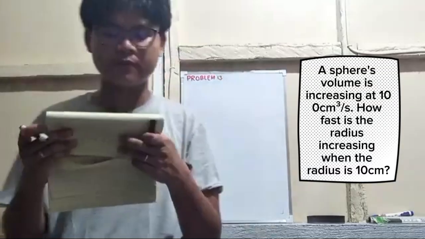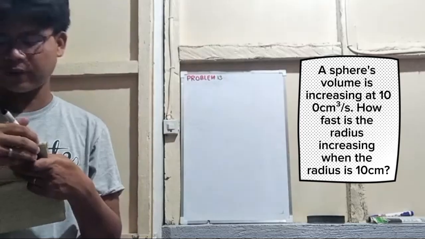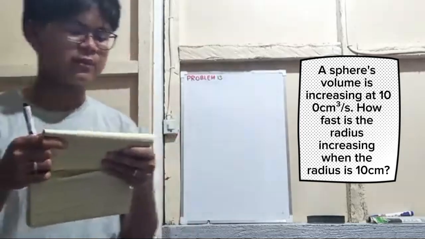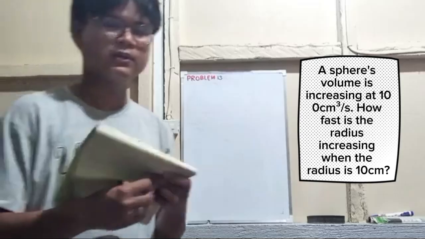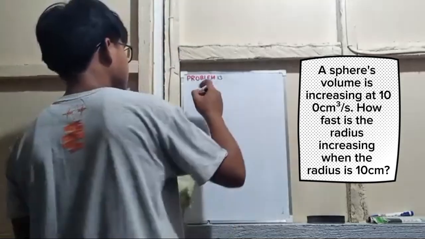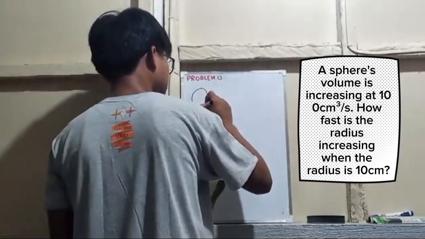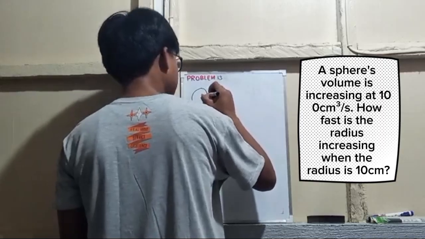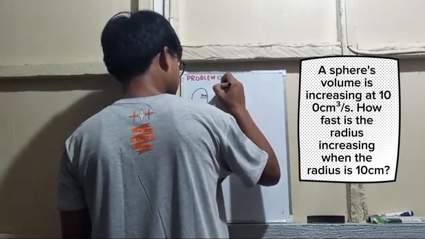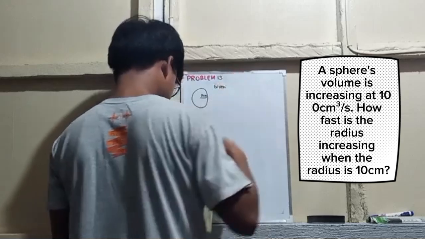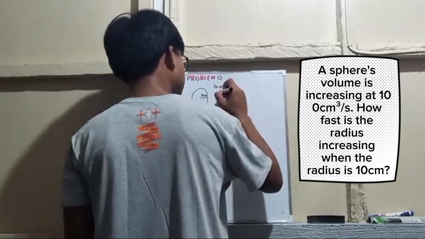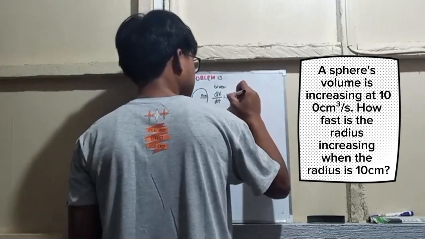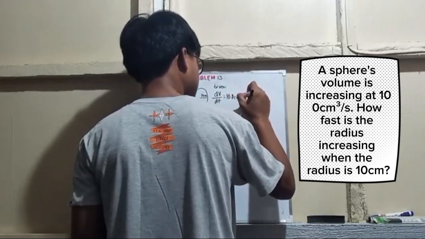A sphere's volume is increasing at 100 centimeter cubed per second. How fast is the radius increasing when the radius is 10 centimeter? So first we'll draw the sphere. Then we have the radius as 10 centimeter. Our given is the rate of our volume, 100 centimeter cubed per second.